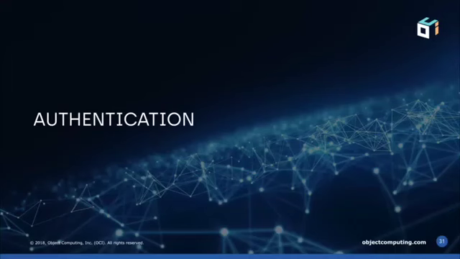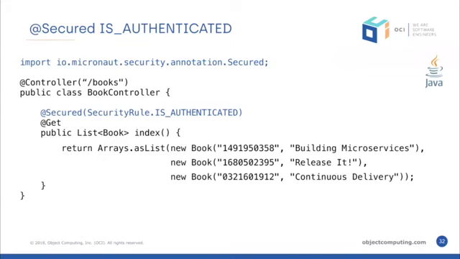Now, authentication. We saw before how you could annotate a controller to permit all users, authenticated users or anonymous users to access it. Now we are going to see how to annotate a controller to allow access to only authenticated users.